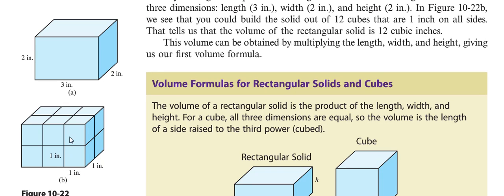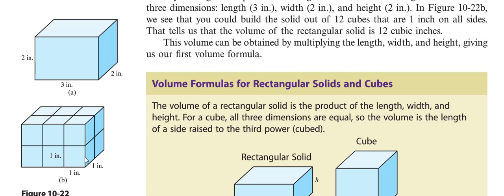Now, if you're trying to do it in terms of cubic inches, then a unit cube would have an inch on each side. So this would be a unit cube here in figure 10-22. One of these little cubes would be what we call a unit cube. And a unit cube can be an inch on each side, a foot on each side, a mile on each side, a kilometer on each side, and so forth.